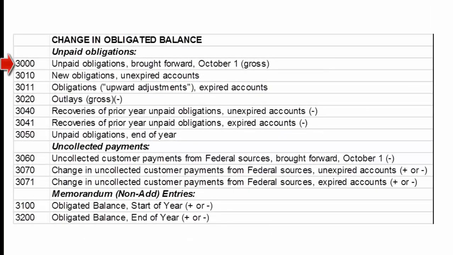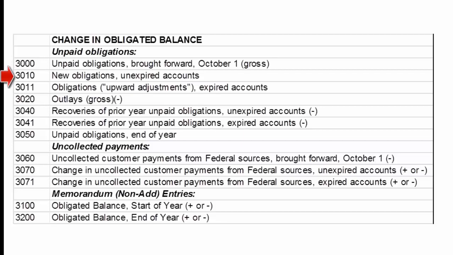Line 3000 identifies the gross unpaid obligations at the beginning of the year. Gross means it includes unpaid obligations from all budgetary resources, even offsetting collections.